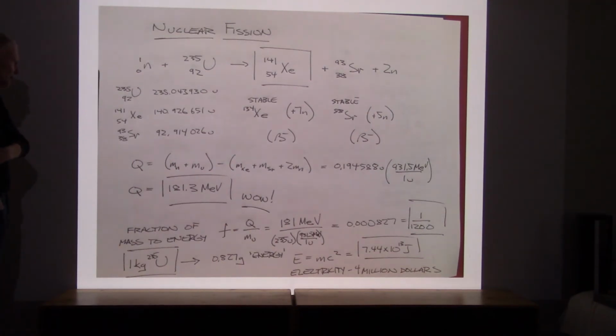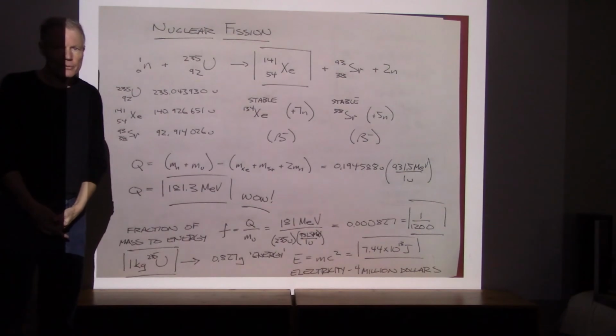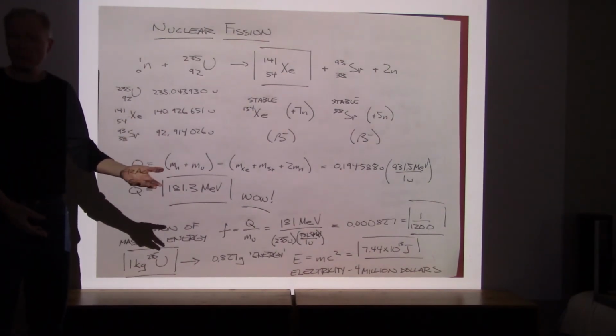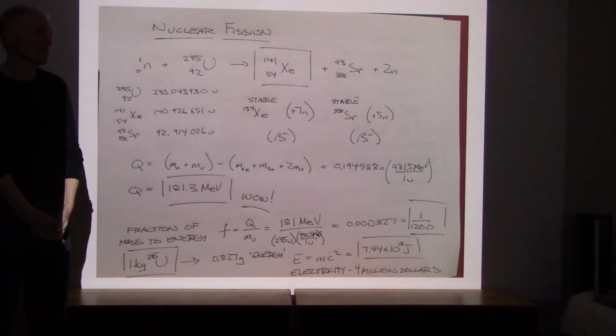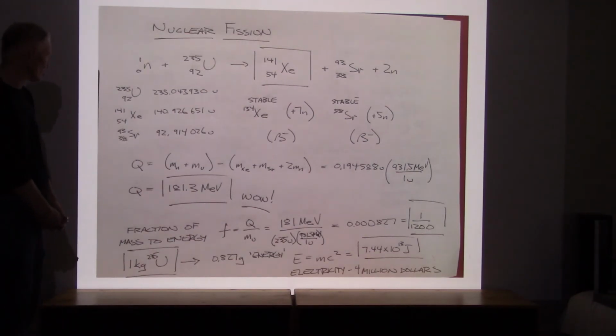So what fraction of the mass has been converted into energy during a reaction like this? Because what we're seeing is like 40 or 50 times as much energy as any other reaction that we've looked at so far. So this really is going to release a lot of energy.